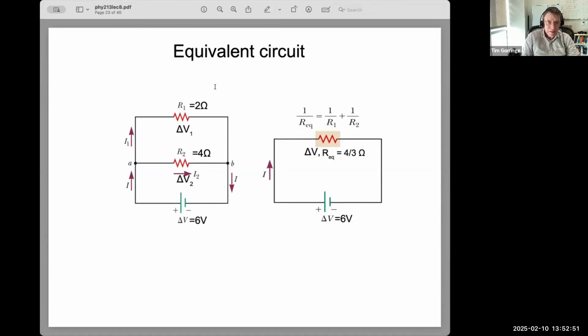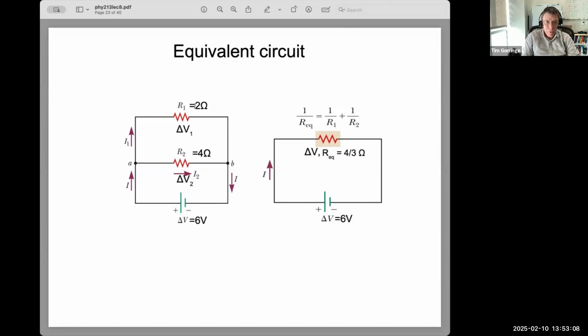So here's my redrawing of the original circuit with the 2 and 4 ohms across the 6 volt battery. They're in parallel. Here's the equivalent resistance, and here I am computing. 1 over the equivalent resistance is 1 over R1 plus 1 over R2.